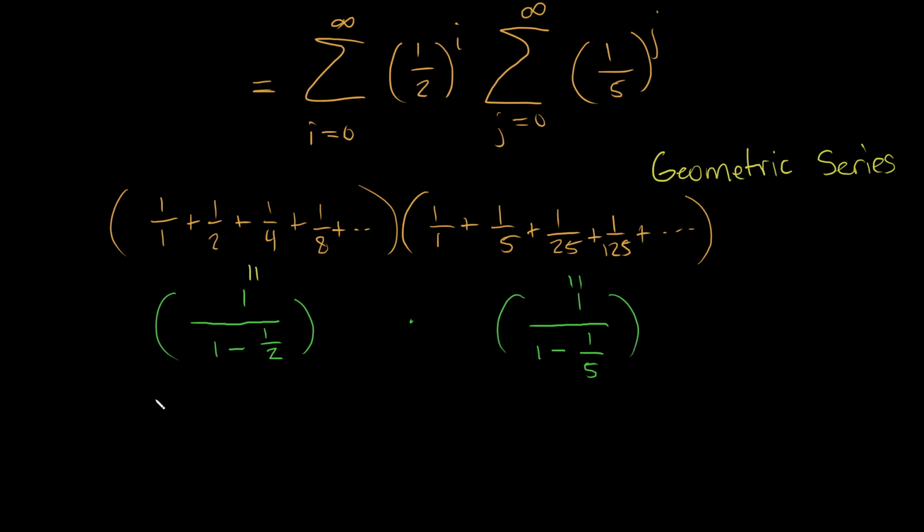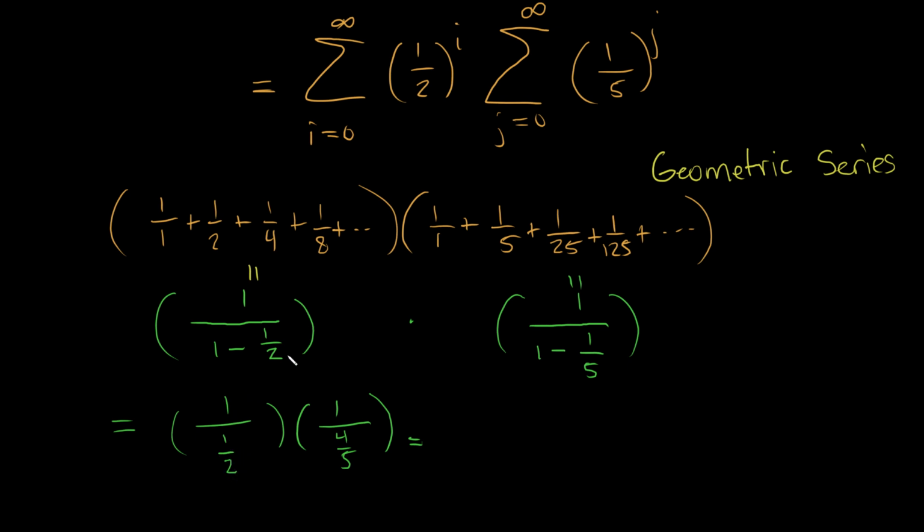So this then is going to equal, well, 1 divided by 1 minus 1/2 is just 1/2, so 1 divided by 1/2 times, and then 1 minus 1/5, that's 4/5, so 1 divided by 4/5. And of course, if we're dividing twice here, we say 1 over 1/2.